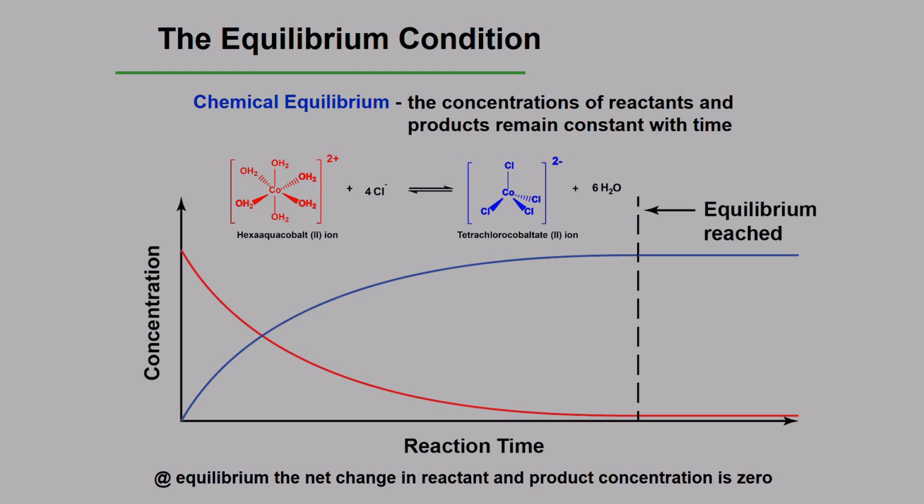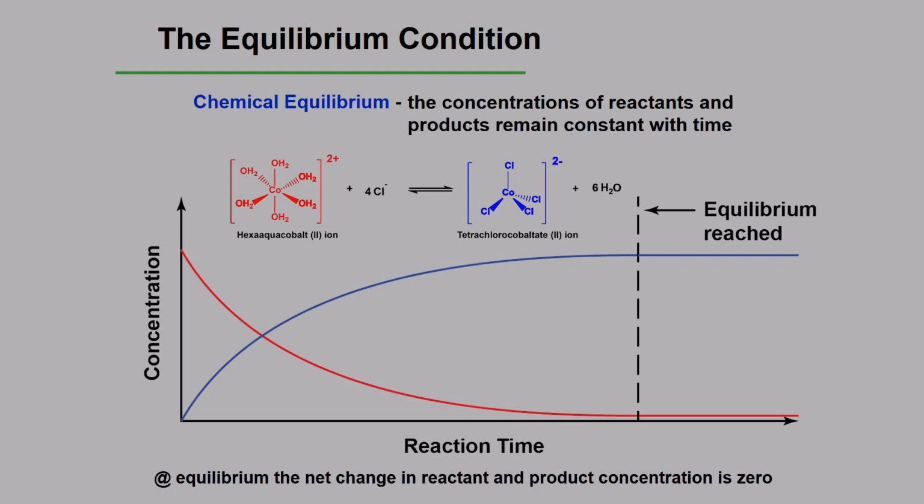We understand in our everyday lives what equilibrium means. And equilibrium usually means in our everyday lives that there is some kind of a balance. And for a chemical reaction, that balance is the balance between the reactants and the products, or the concentration of the reactants and the products.